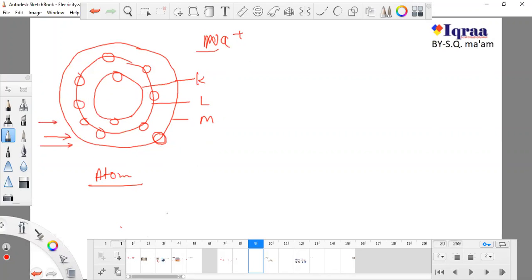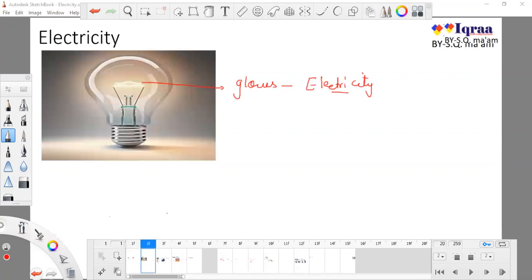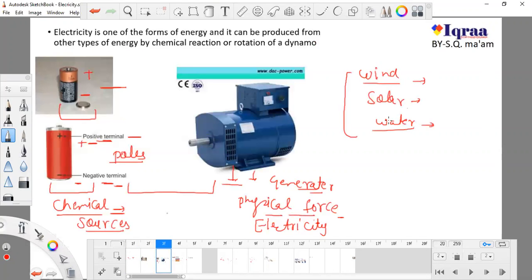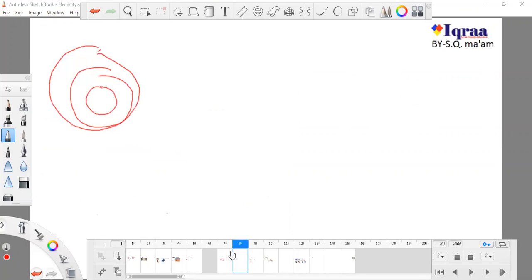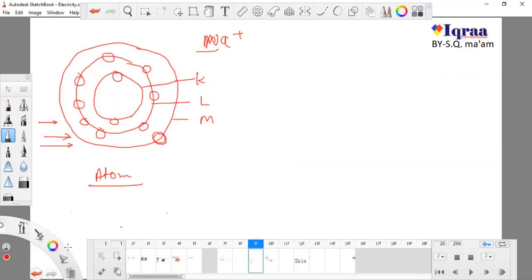What type of force can I use? I can use wind force, I can use solar force, or I can use water. I can use a force, and I will use this force to strike this atom.